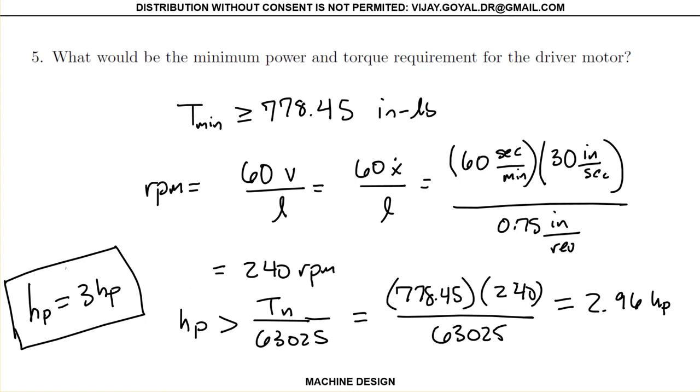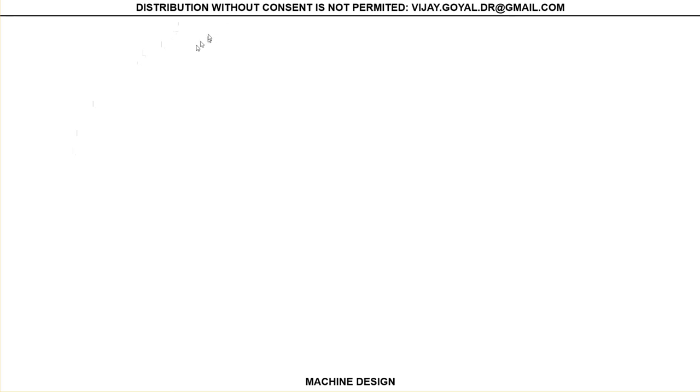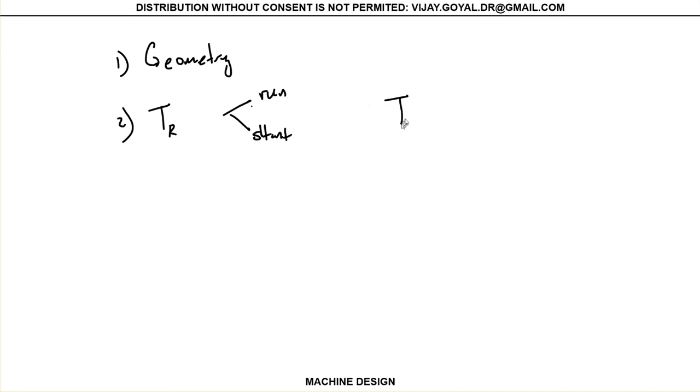So this kind of summarizes what we really want to do with our power screws. Let me summarize a few things here. First, you want to find the geometry, choose your screw geometry that you're going to use. Then secondly, you want to find your torque to rise at run and at start, and also find your torque to lower at run and at start.